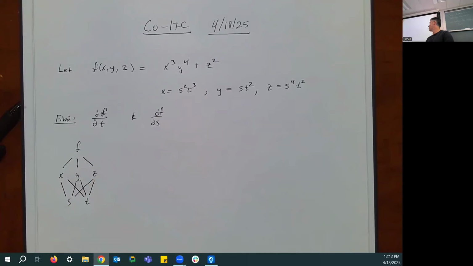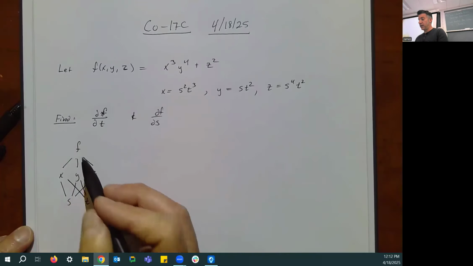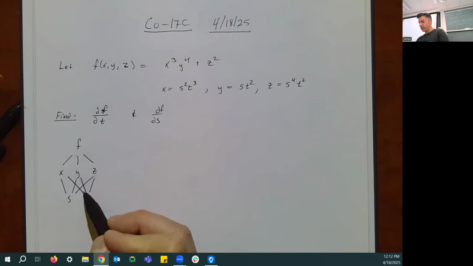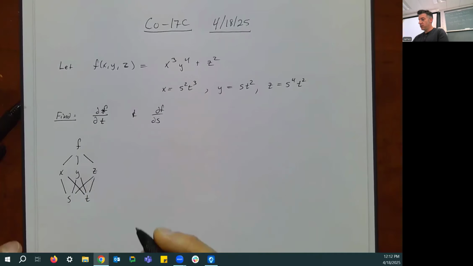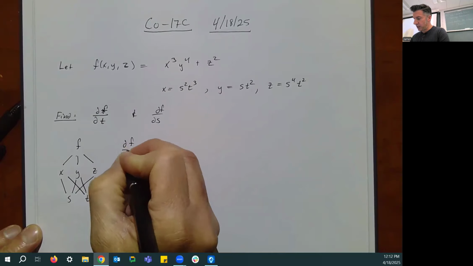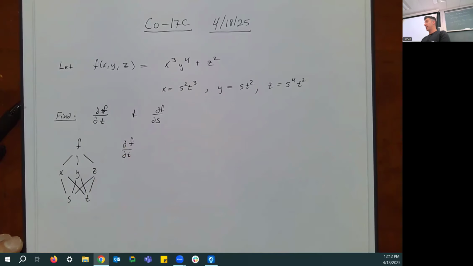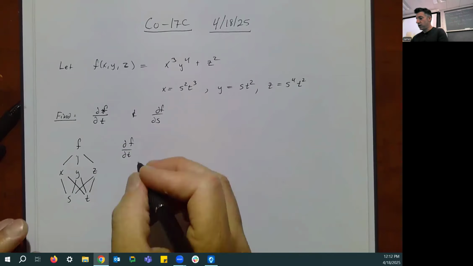So there's our pathways. To find del F del T, we're just going to find all the paths that take us from F to T. So I see three different ways of getting there: through X, through Y, or through Z. So del F del T, and it is a del because F at the very lowest level depends on two variables, S and T. So we're taking a partial derivative, not a direct derivative here.